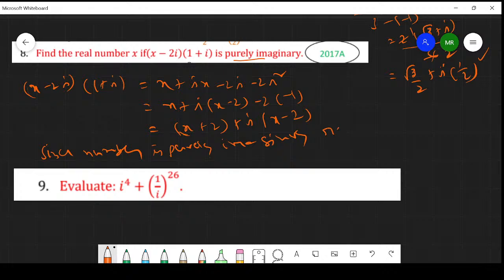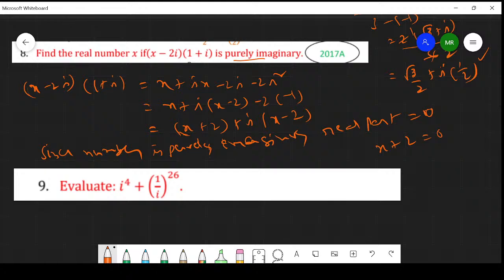I'll repeat what I have written here. What is the real part here? x plus 2 is the real part. So x plus 2 equals 0.